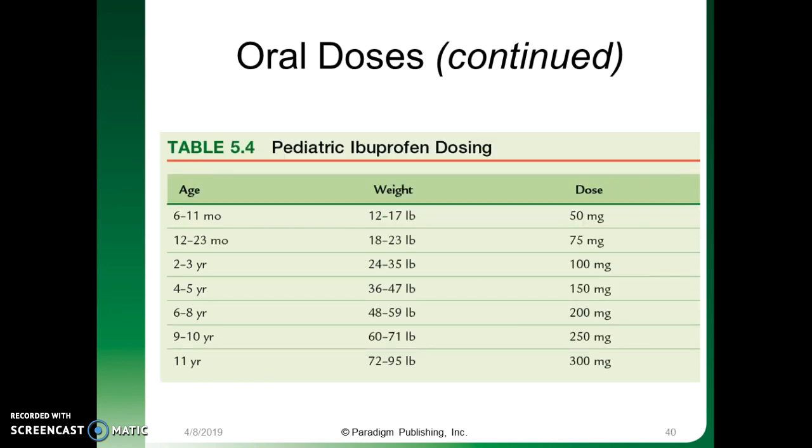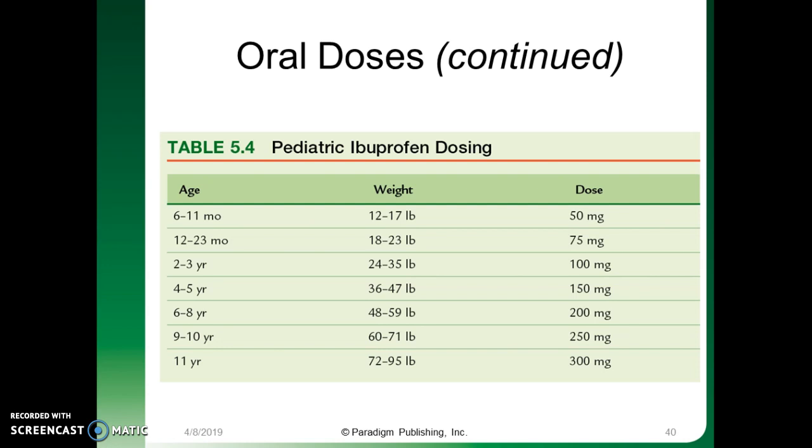Pediatric dosing for ibuprofen. So again, pay attention to this: no child under the age of 6 months should be given ibuprofen. So if the child is 6 to 11 months and weighs between 12 to 17 pounds, the dose would be 50 milligrams.